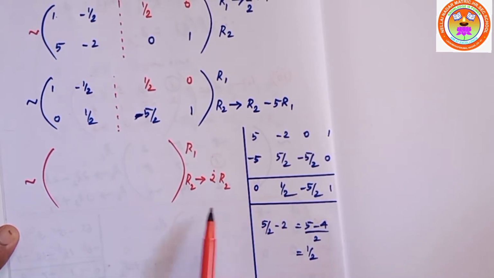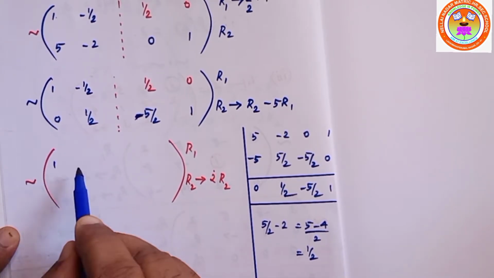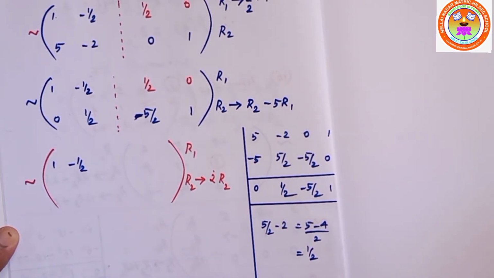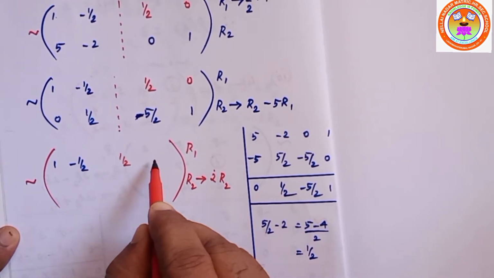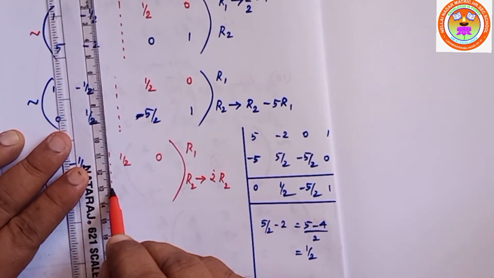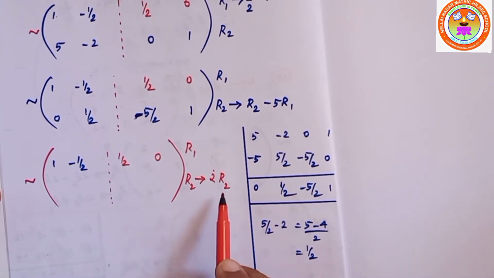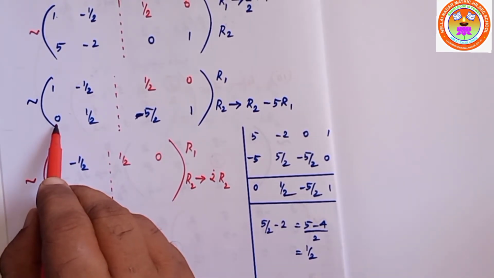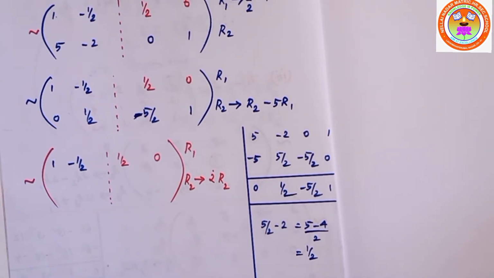R1 no change, you can write as it is. So 1 minus half, half 0. Now I am multiplying R2 by 2. If we multiply R2 by 2, 0 into 2 that is 0.